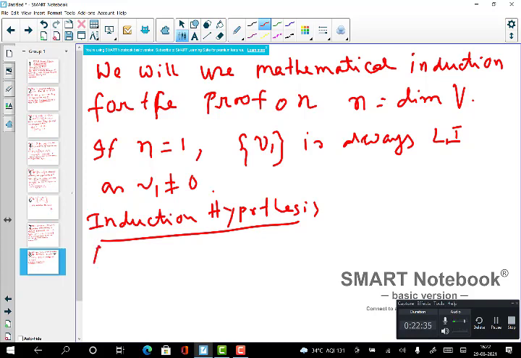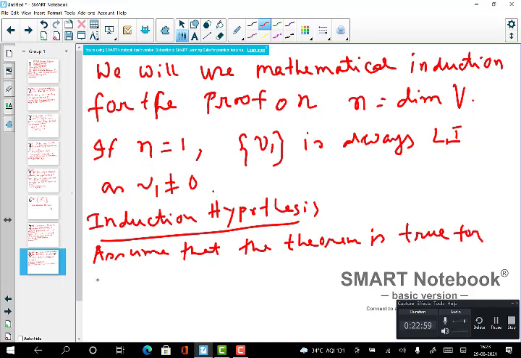So assume that the theorem is true for any n minus 1 many distinct eigenvalues. Okay, so this is my induction hypothesis.